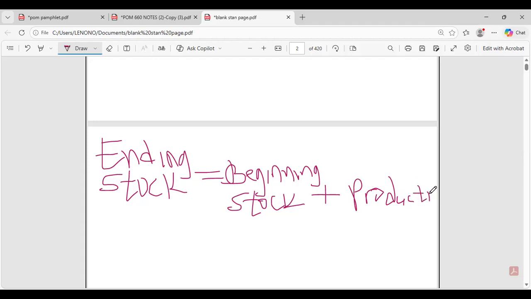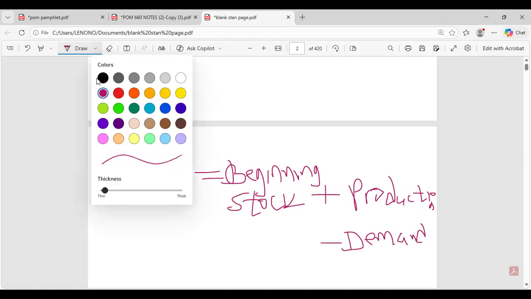Have you seen my whiteboard here? This formula is for ending stock, not for production. You get the point, right?